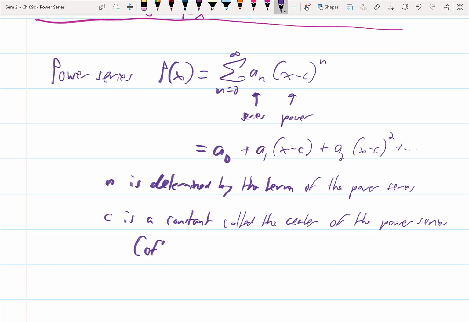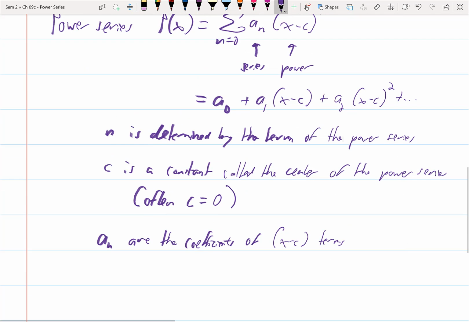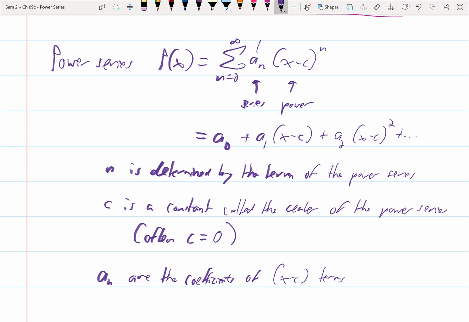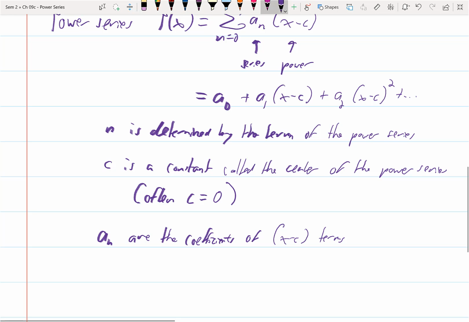We often choose C equal to 0, and a sub n's are the coefficients of the x minus c terms. So again, think of the a sub n's as the series themselves. These are coefficients, and the x minus c to the n is the specific power of the value that we're looking at. So let's look at some examples of how this is going to look.